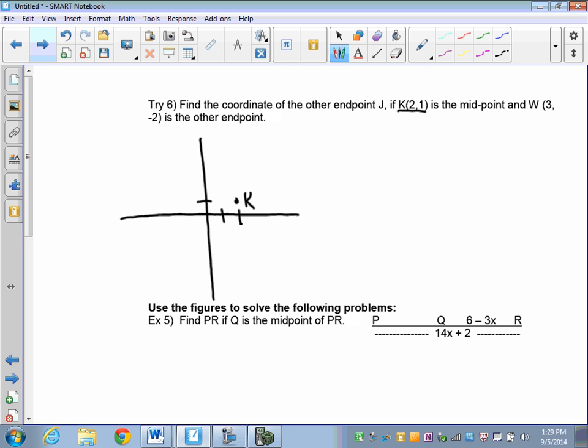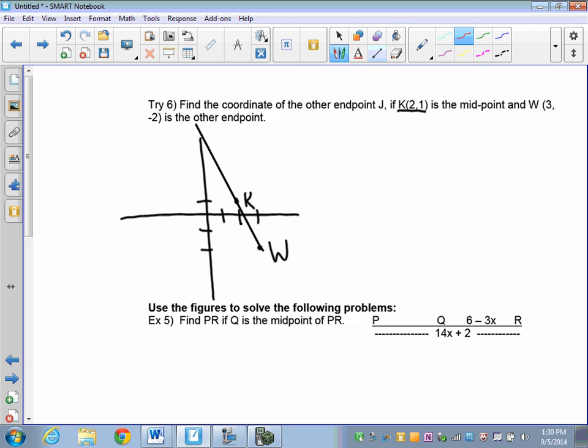So there's K. And W is 3, negative 2. So there's W. So since K is the midpoint, I'm going to start at W and go through K.